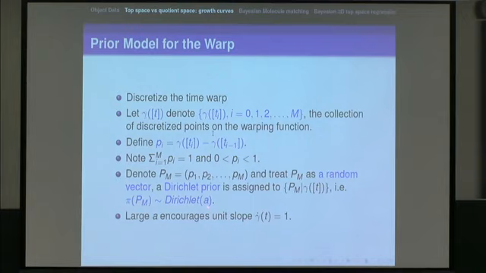I can encourage certain behaviors in my prior model. If I have a Dirichlet model with a large A here, I'm going to encourage the slope to be 1, so it won't move too much. If A was a smaller number, just 1, then the warps can be quite flexible.